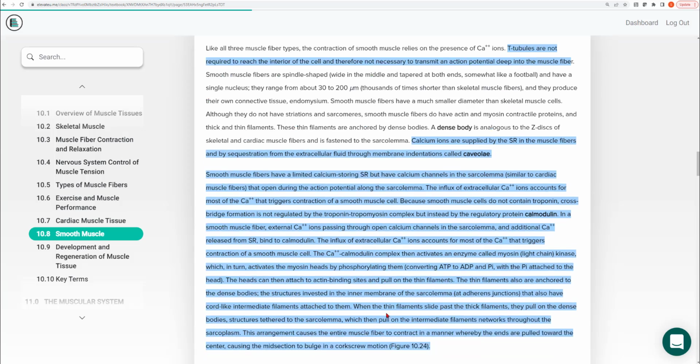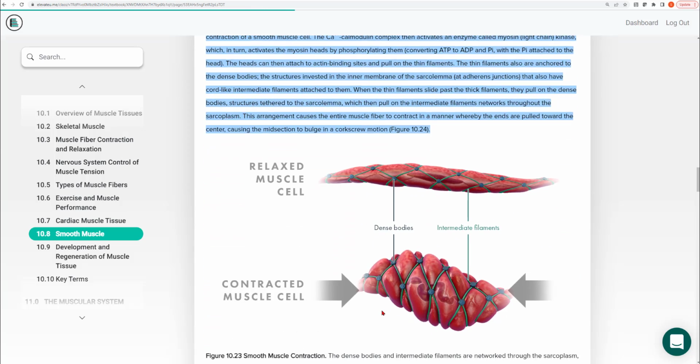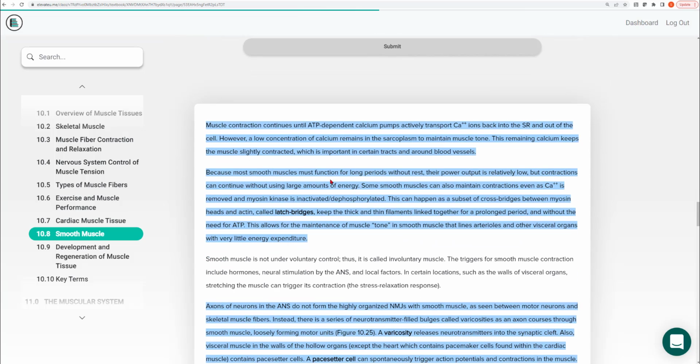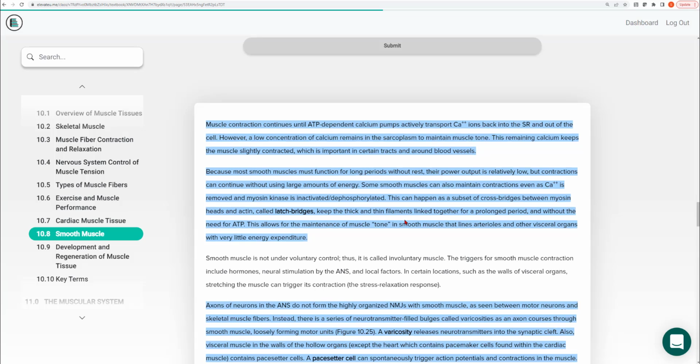The blue areas are crossed off. And we see that smooth muscle cells shorten, just like all muscle cells shorten. That long, skinny cell kind of puckers up, and that is the contraction of a smooth muscle cell. Again, don't worry about the blued out regions. Those are to be skipped.